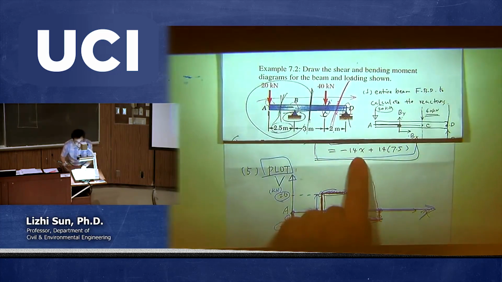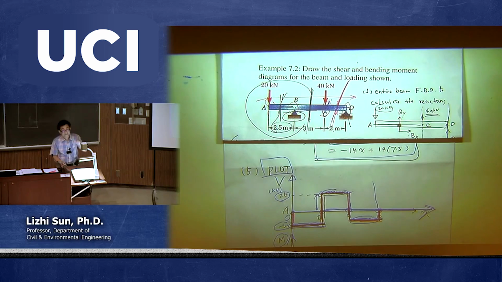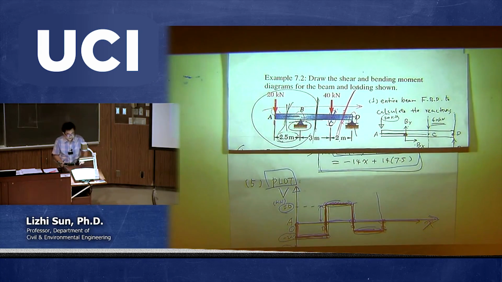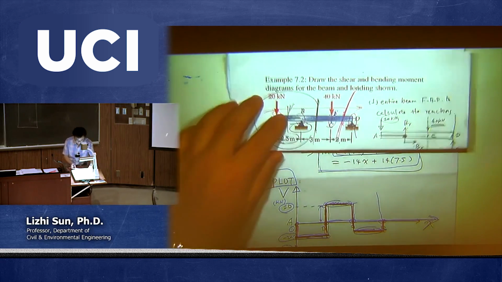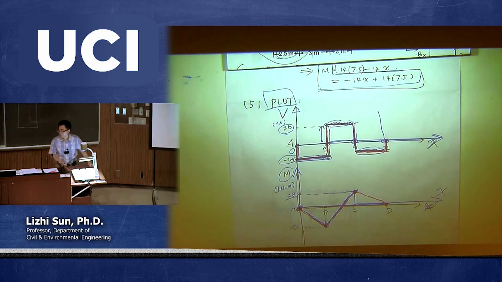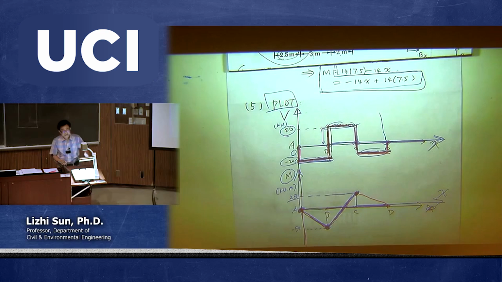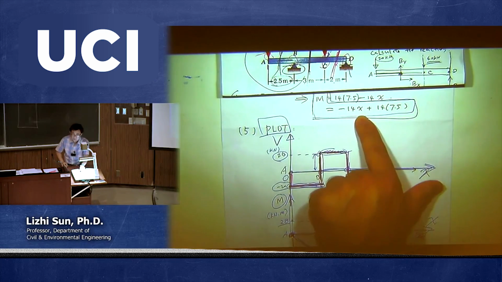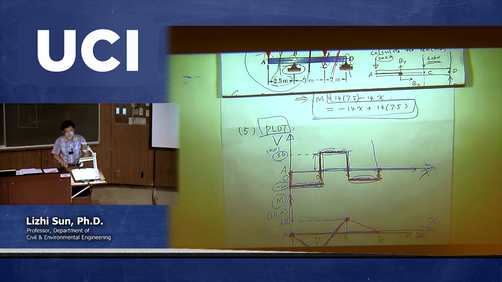So then, by putting x equal to 5.5, it's going to be negative 14 times 5.5 plus 14 times 7.5. And then you get a number which is positive 28. So then we got 1 point, that's this point. And the other point we need to pick is to take x equal to another extreme, which is 7.5.